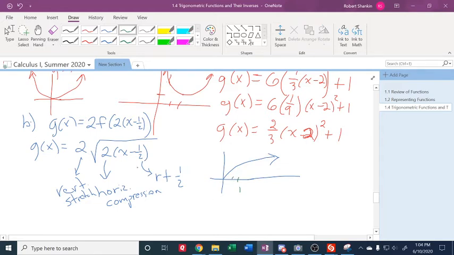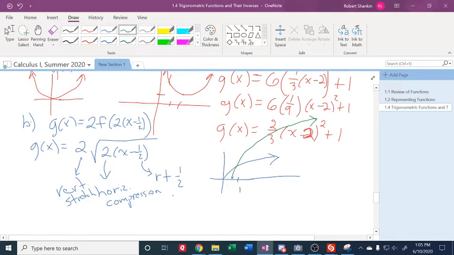Okay, and then we're going to stretch it vertically by 2, which can make it go higher. But then we're going to compress it, push it in towards the y-axis, by twice as much as well. So then that's going to make it go up a lot steeper because both actions are reinforcing each other. We're going to get something like this.